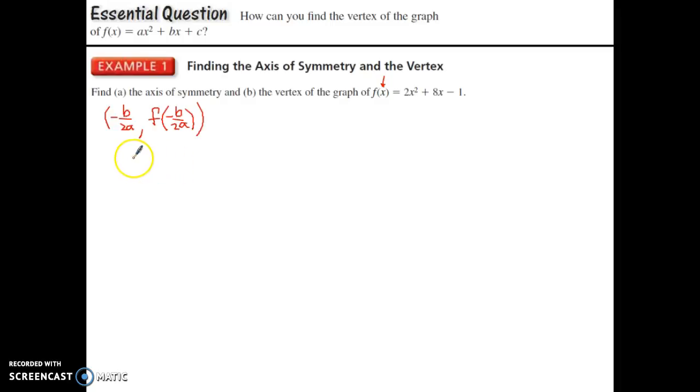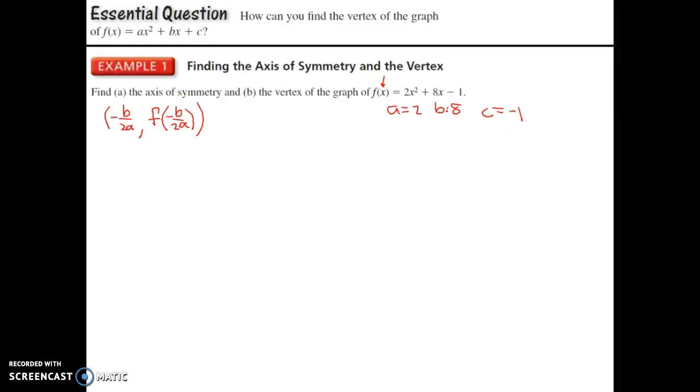So the x value of my vertex is negative b over 2 times a. In this function, I've got an a value of 2. b is the coefficient on x, so b is going to be 8. And c is going to be that constant term added on to the end, which in this case is a negative 1.